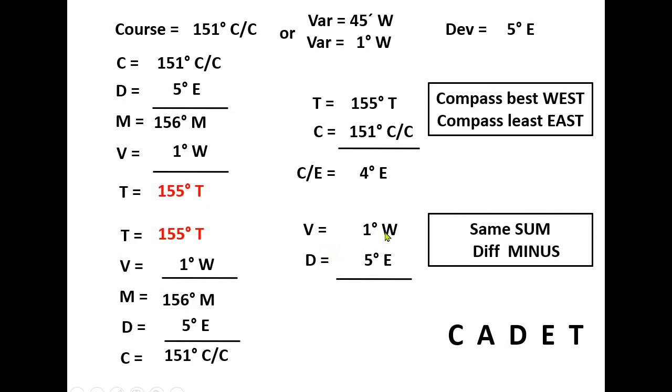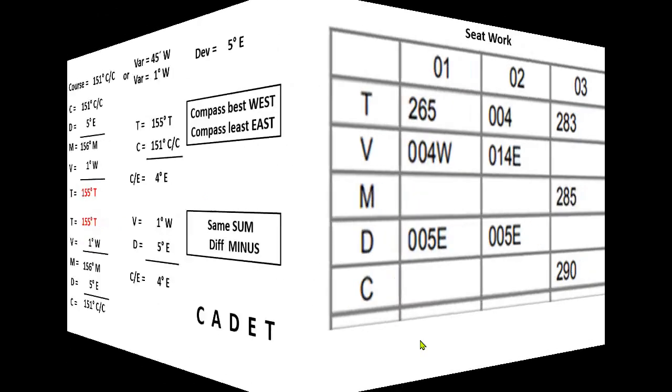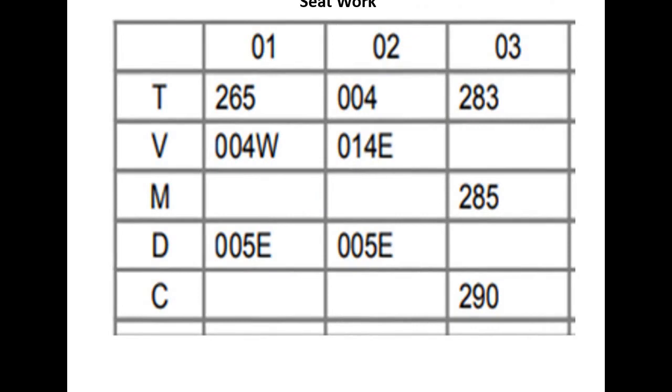The direction of variation is west, the direction of deviation is east, so different: minus, from the bigger number. So 5 minus 1 is 4. Why east? Because the bigger number is east, so bring down the direction of the bigger number. So there you go. That's it. Thank you. Next slide, guys. I have a worksheet, but I will ask for your answer on this one.